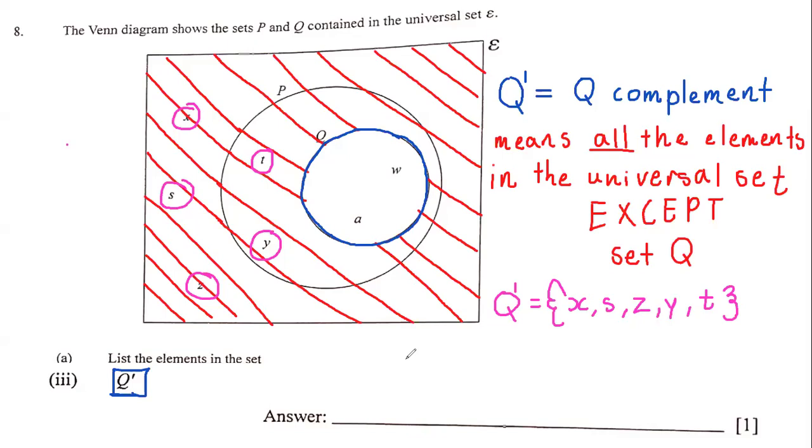Q complement is equal to X, S, C, Y, and Z. Those are going to be all of the elements in the universal set except for Q.